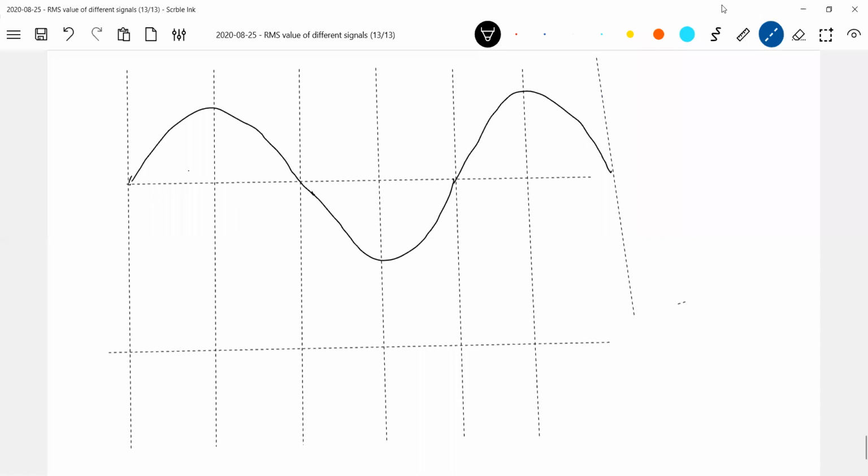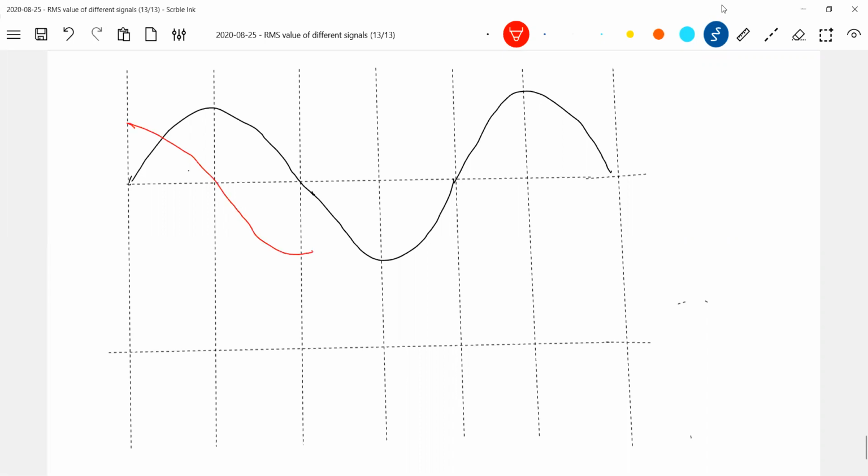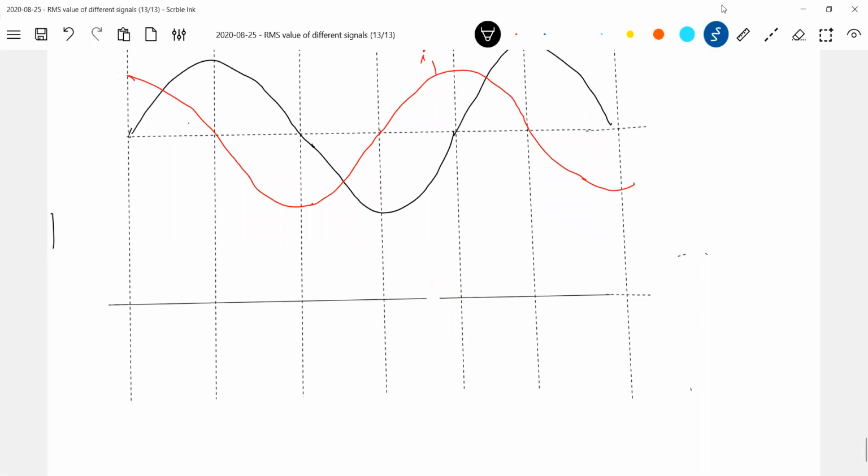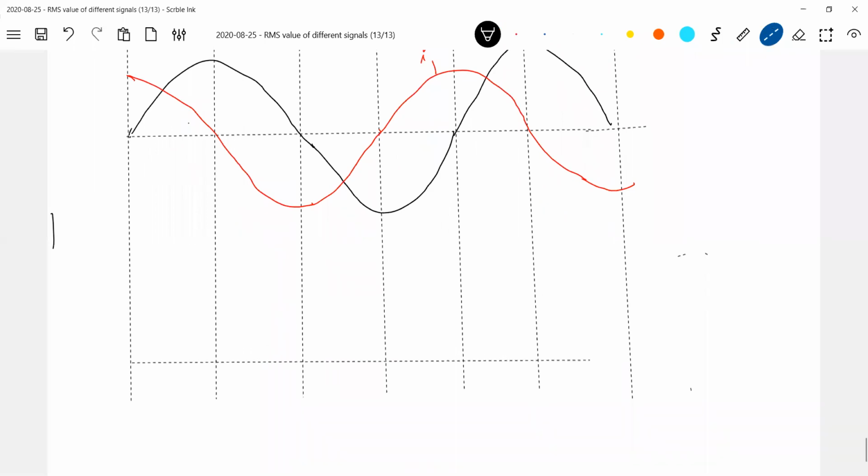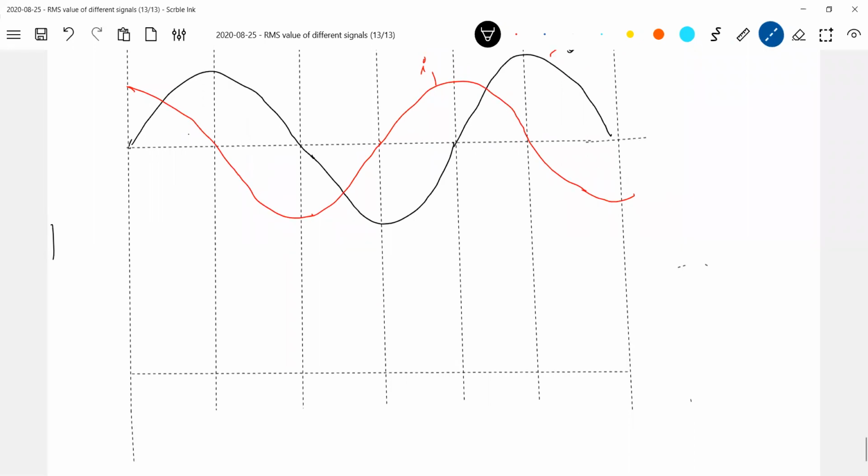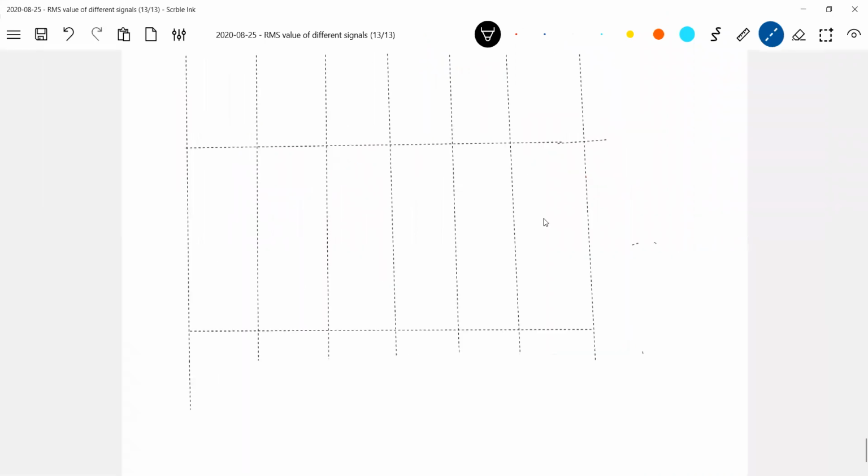It will show for 1.5 cycles. Next, this is the current, and this is the applied voltage. We have to plot the power cycle now.